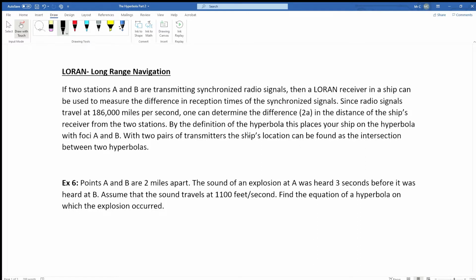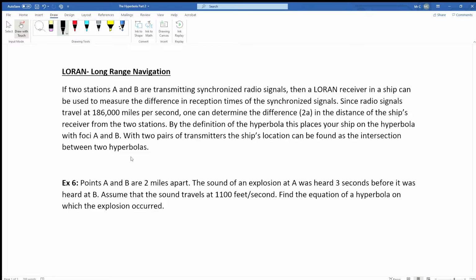By the definition of the hyperbola, this places your ship on the hyperbola with foci A and B. That's where the transmitters were located. With two pairs of transmitters, the ship's location can be found as the intersection between two hyperbolas.